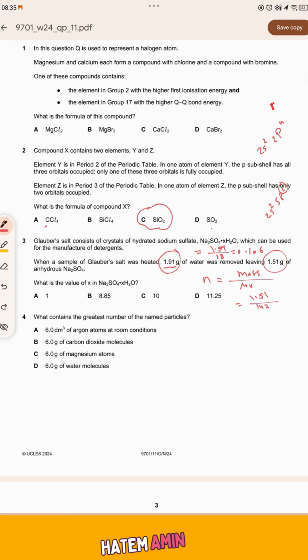After calculating, it equals 0.016. So from this we have two numbers, 0.016 and 0.106. The ratio here can be 1 to 10. It means 1 mole of sodium sulfate needs 10 moles of H2O. So X here equals 10. So we should choose C. Thank you.